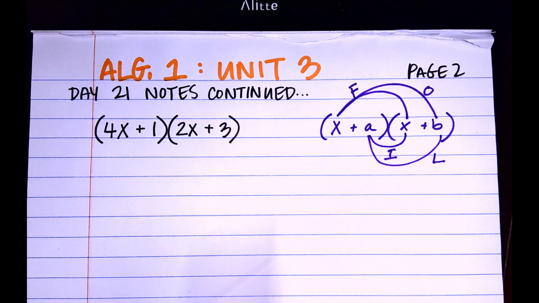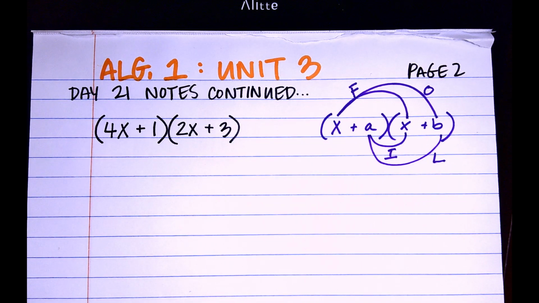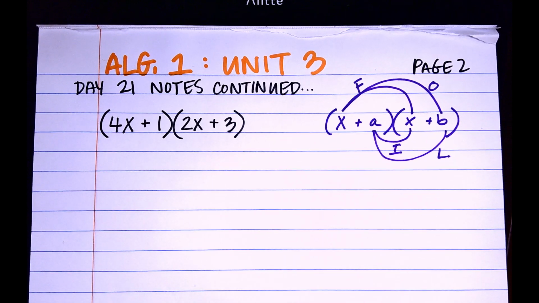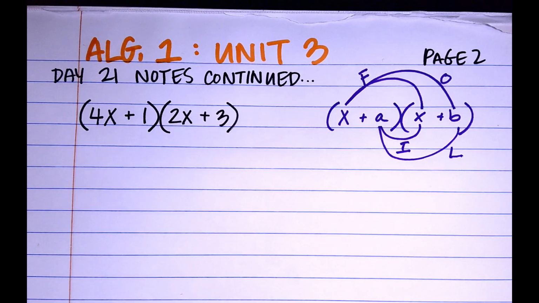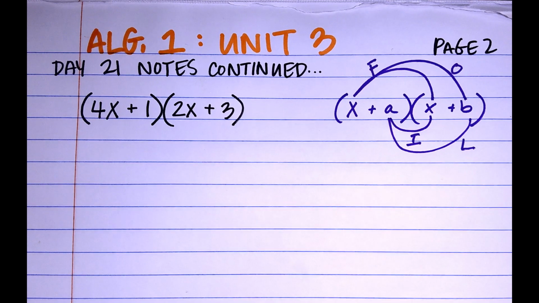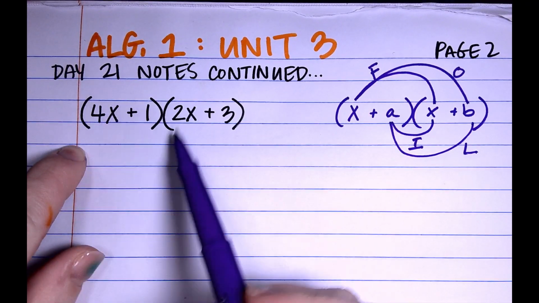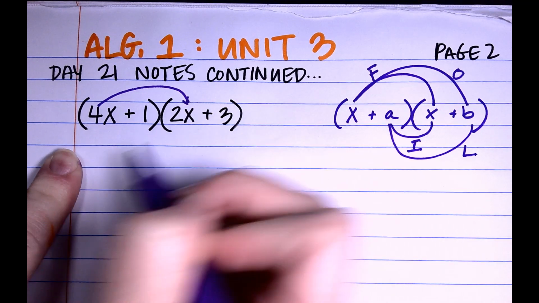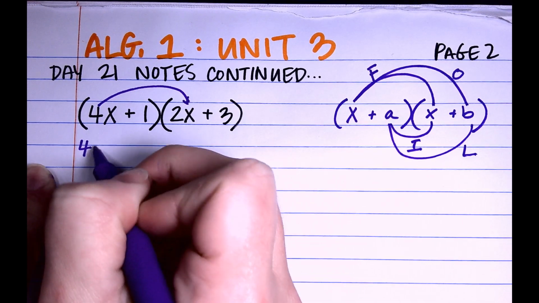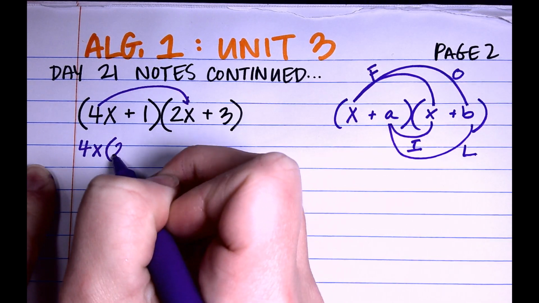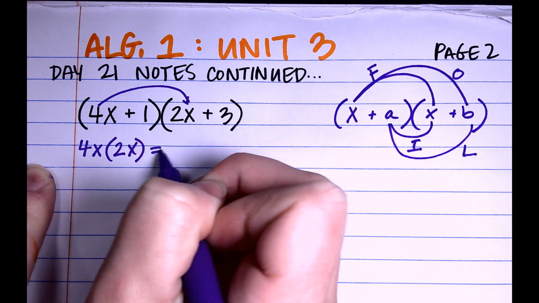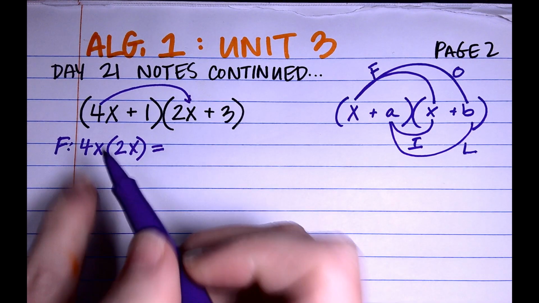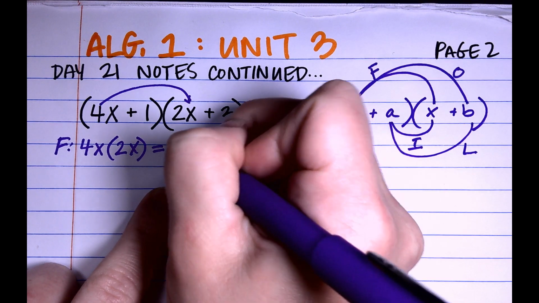That's where we're getting those FOIL from. Okay. So what do we multiply first? My first number is 4x and 2x. Okay, 4x and 2x. What do I get?